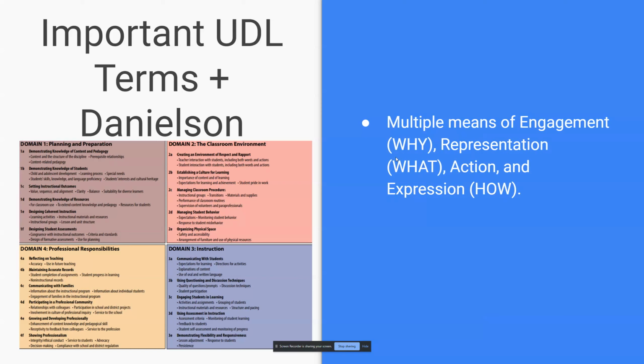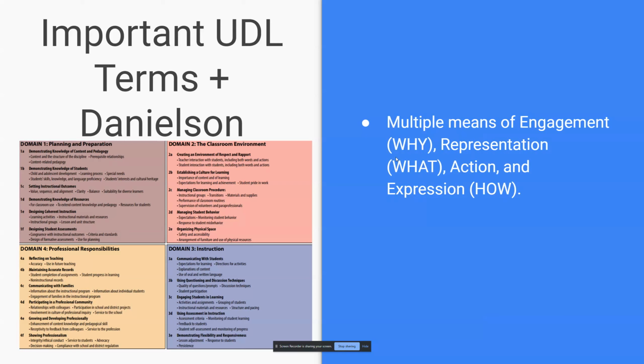Each guideline is going to have its own potential barrier throughout this PowerPoint, so the exact definition of each guideline will be presented there. And then, of course, we have the Danielson framework, Domain 1, planning, preparation, classroom environment, instruction, and professional responsibilities.